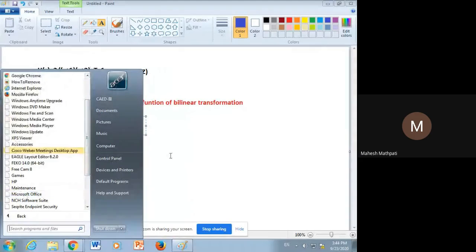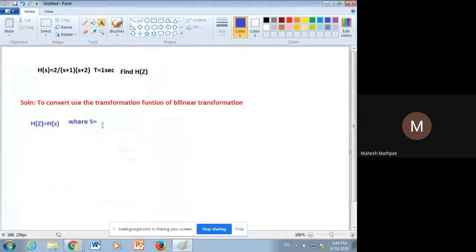No, I cannot. Okay. s equals to what you can write? 2 by T into (1 minus z inverse) divided by (1 plus z inverse).